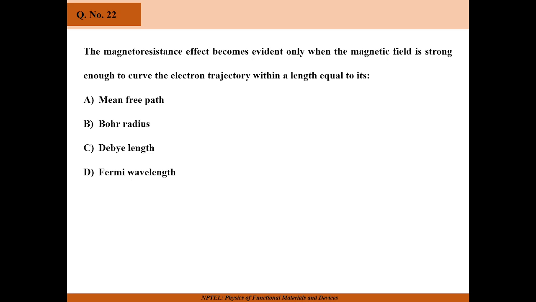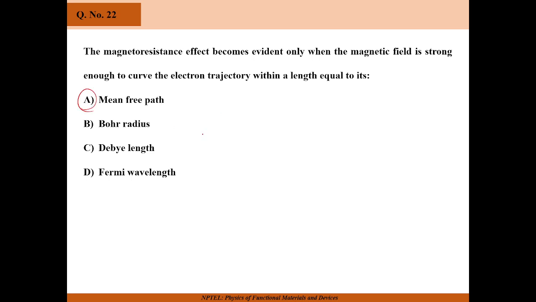Most of the questions are taken from previous year assignment questions, and you can expect similar questions in your examination as well as current assignments. So you can see the level of questions that will be asked. Yes, I'm seeing some answers. It is mean free path.